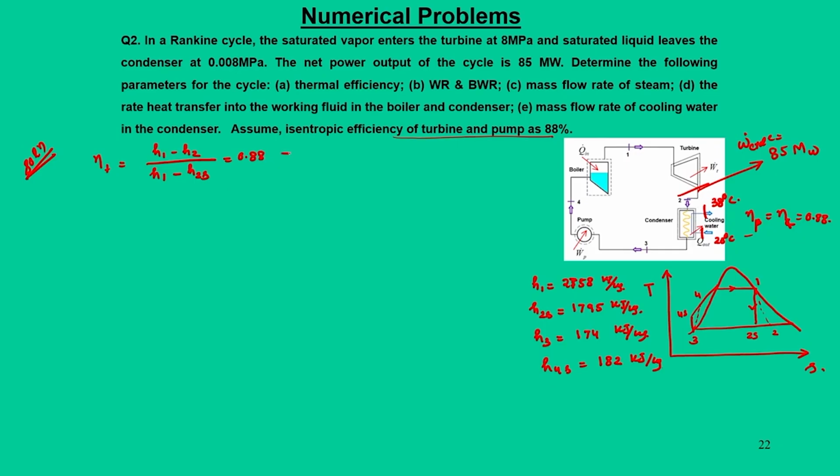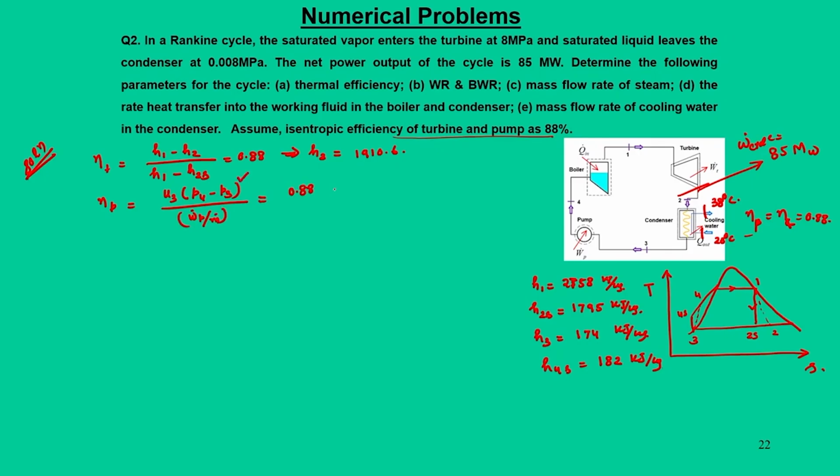From this data we can get back H2, the actual condition of the steam leaving the turbine, and this value will be 1910.6. Similarly, pump efficiency is V3 into P4 minus P3 divided by W dot P by M dot, and this is 0.88.